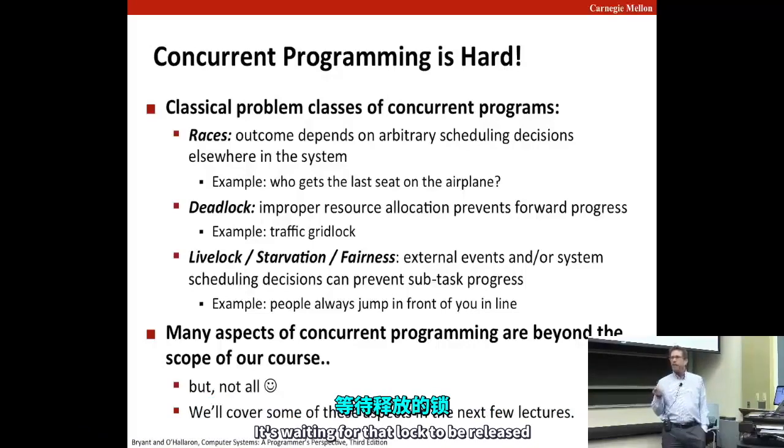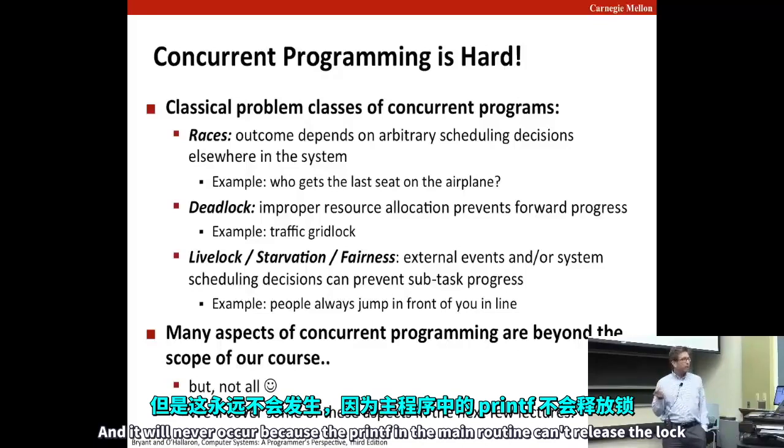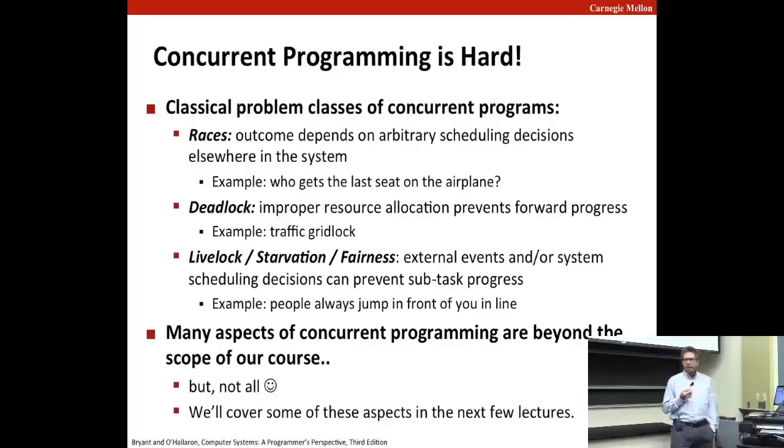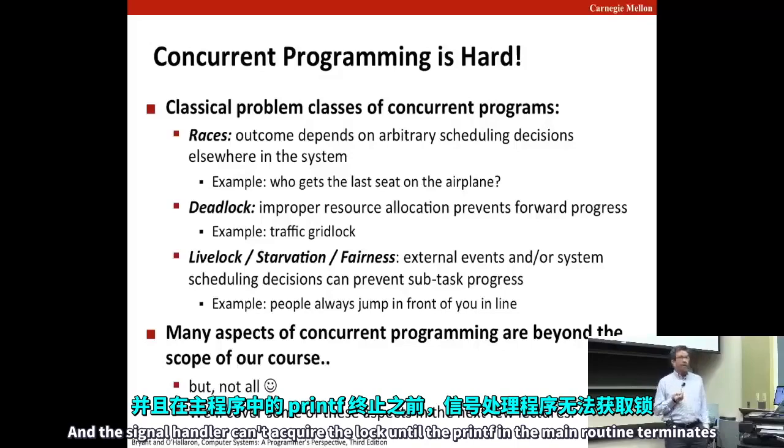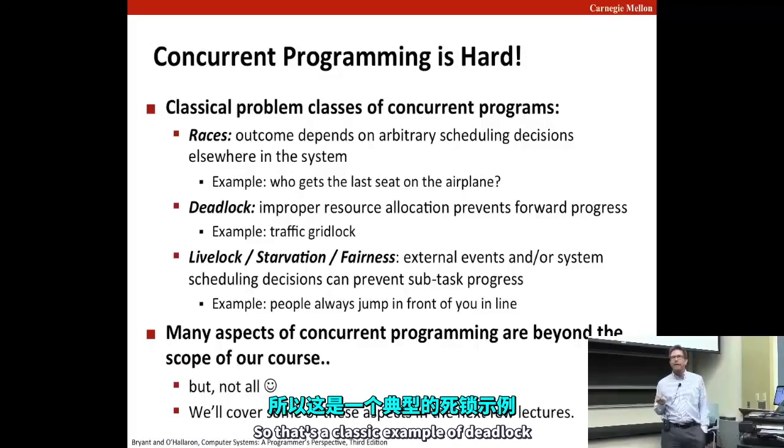It's waiting for that lock to be released. And that will never occur because the printf in the main routine can't release the lock until the signal handler returns. And the signal handler can't acquire the lock until the printf in the main routine terminates. So that's a classic example of deadlock.